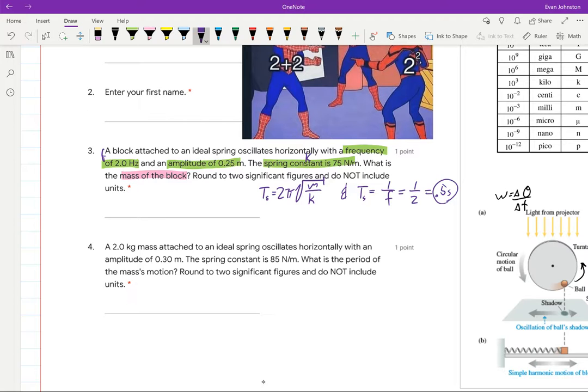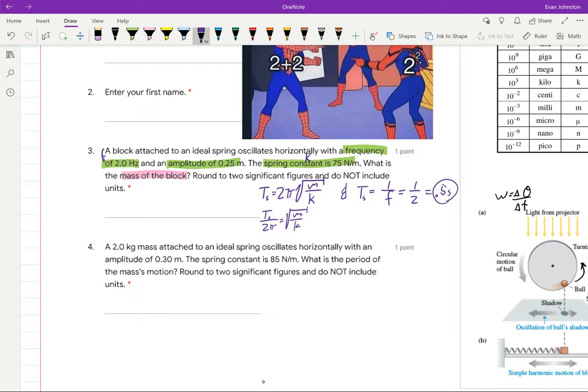So I'm going to simplify this with some algebra. If I divide by 2 pi, we have T over 2 pi is the square root of M over K. Kind of checking you on your order of operations here. Now we have to square both sides to get rid of the square root.